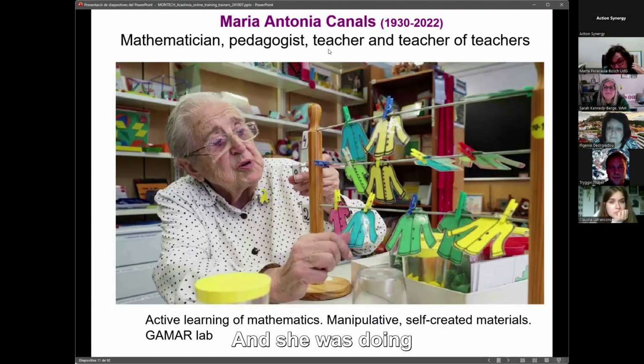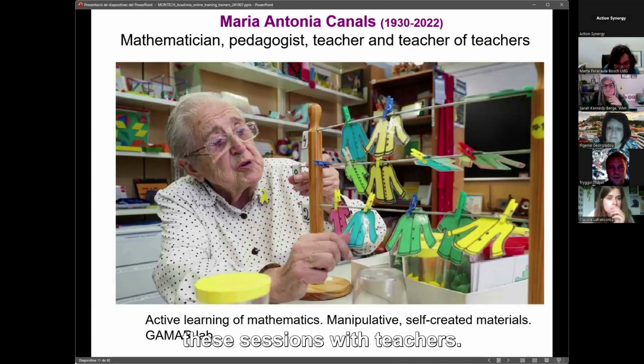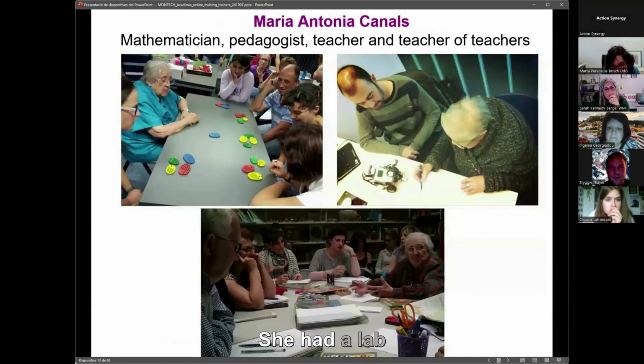and she was doing a lot of work with children, but she also became a teacher of teachers. At the end of her life, she was a professor at the university, and she was holding these sessions with teachers. And she had a lab, a lab for the materials and learning of mathematics in an active way. And we were attending her sessions together with teachers.